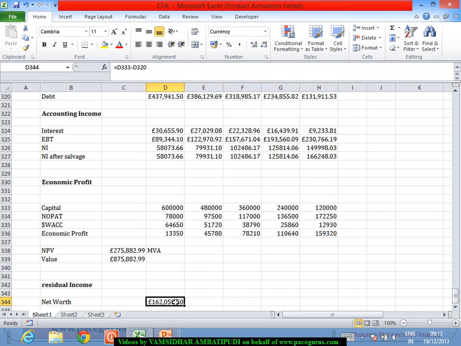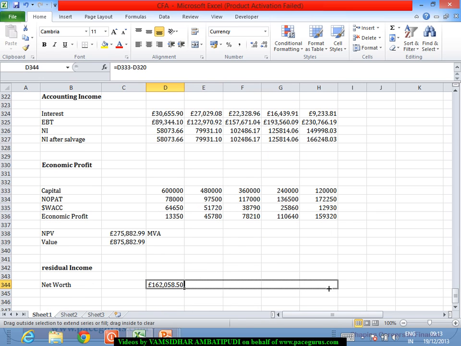From the book value standpoint, the net worth is this much, compared to the market values, where the net worth in each of these years is going to be something like this. The first year, second year, these are the net worths at the beginning of the year.